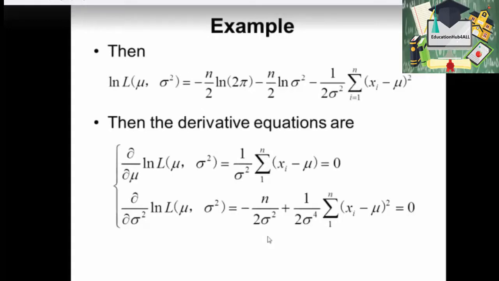So we can make a logarithm transformation, because the likelihood is always a multiplication. After the logarithm transformation, it becomes additive. We know additive is much simpler than multiplication, right? We learn addition, subtraction first, and then we learn multiplication and division.